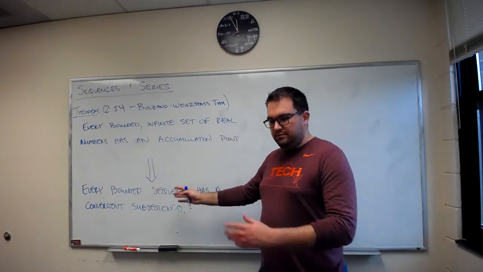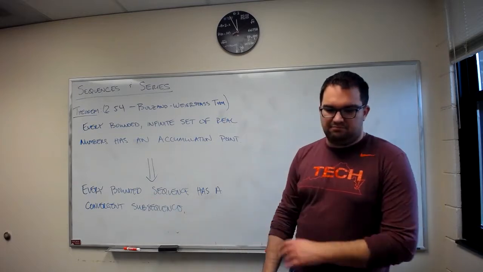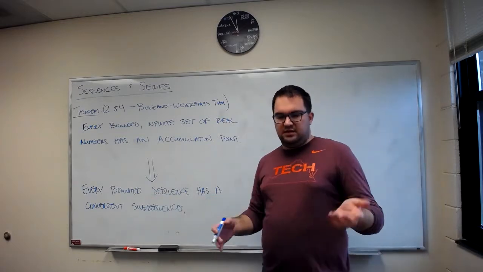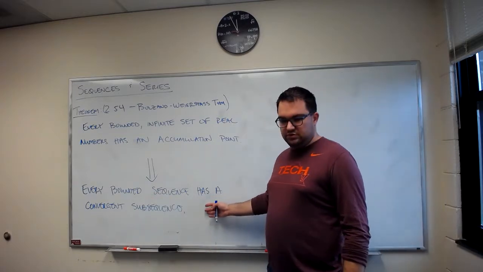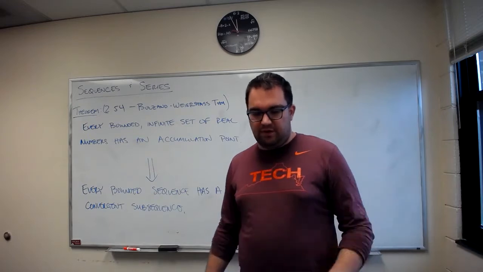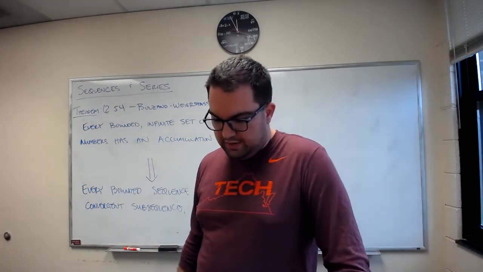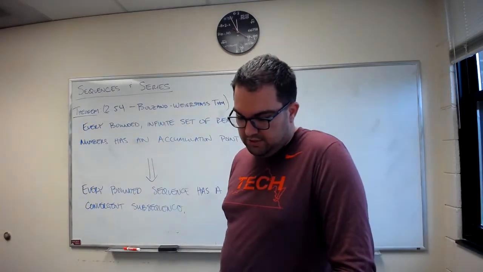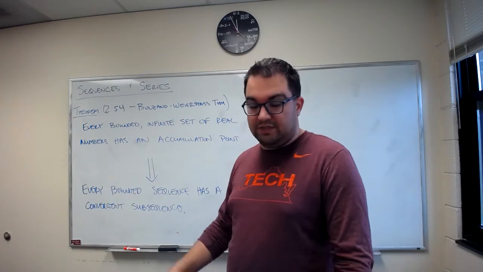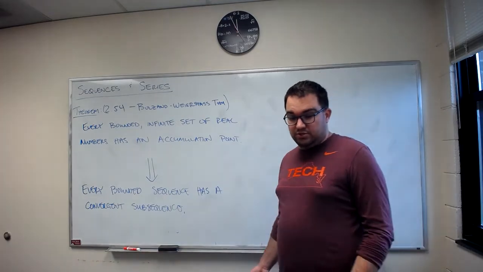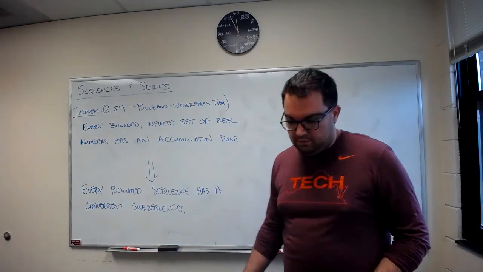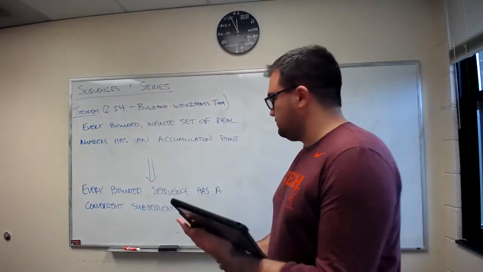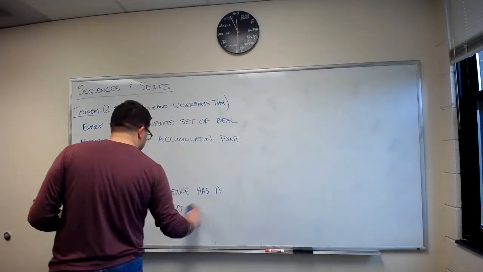So these are really the same in spirit, and sometimes it's easier to use this piece. But fundamentally, what this is trying to get at is the question of whether a set will have an accumulation point at all.